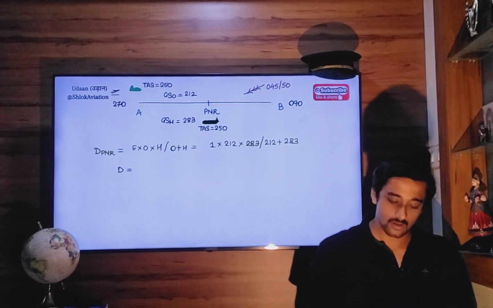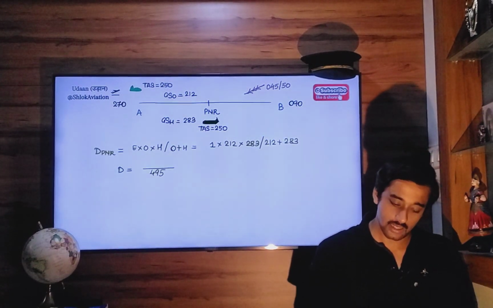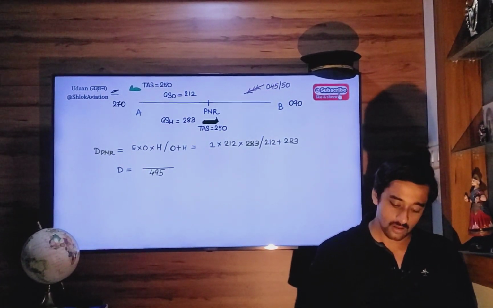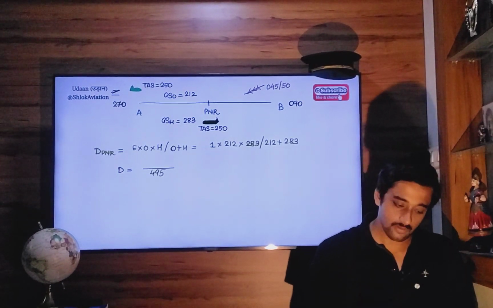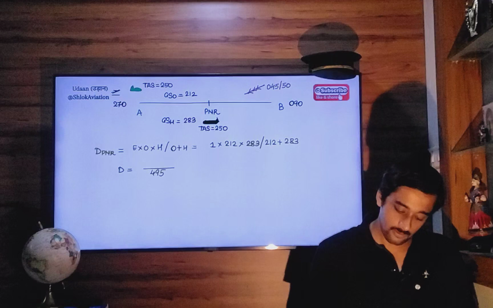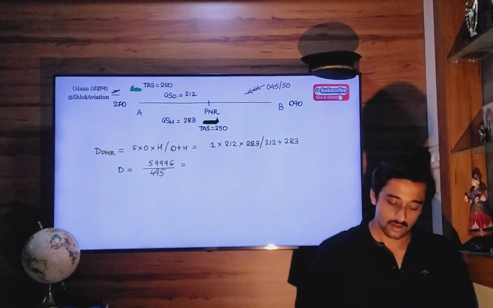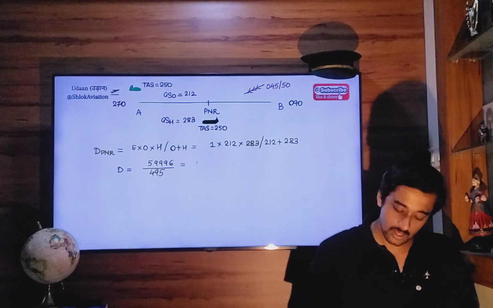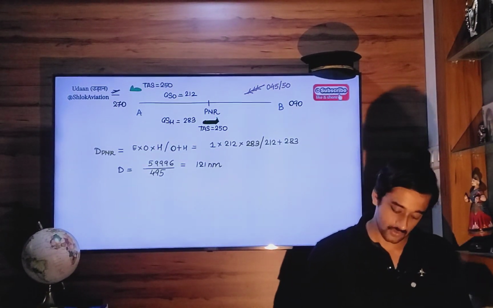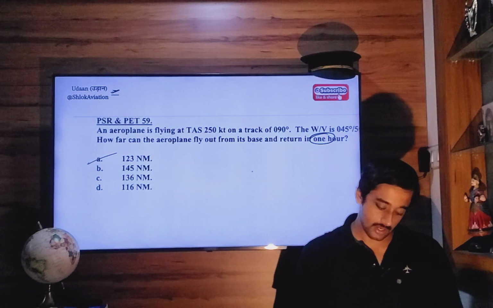So 495 in the denominator. In the numerator you have 212 into 283, 59996. 121 nautical miles. The closest option is option A, 123.